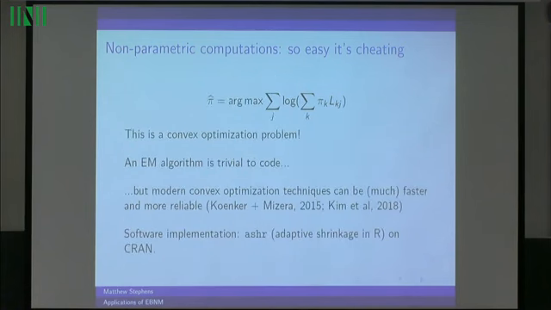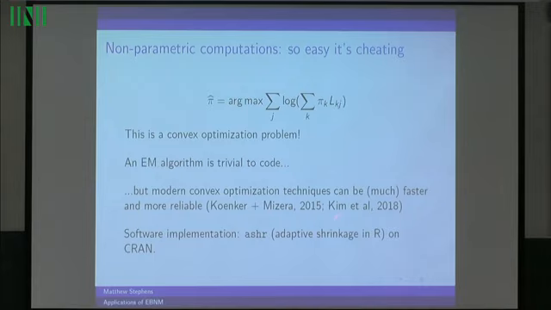The simplest thing to do is an EM algorithm. It's like 4 lines of code, but it turns out that if you use other modern convex optimization methods, for example, Koenker and Mizera use an interior point method, it can be a lot more work, but a lot faster and a lot more reliable in terms of the optimization.